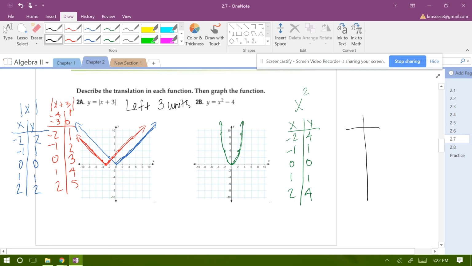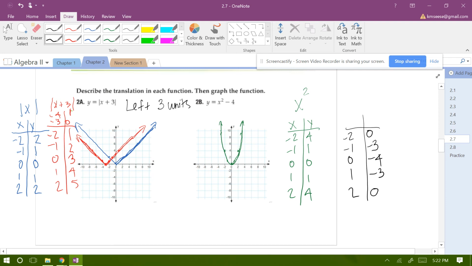So -2, -1, 0, 1, 2. If I plug in -2 and square this, well, it's going to be 4, and then I'm going to subtract 4. So I'm actually going to be at 0 here. If I plug in -1 squared, I get 1 minus 4, I'm at -3. If I plug in 0, 0 squared minus 4 is -4, -3, and 0.